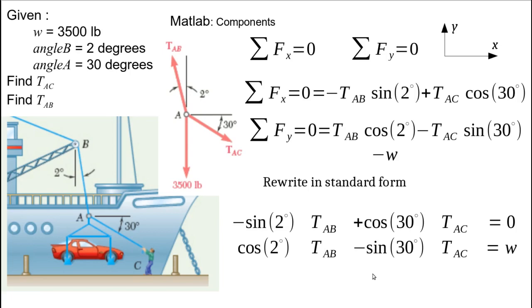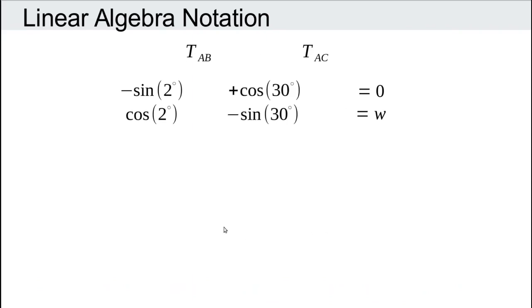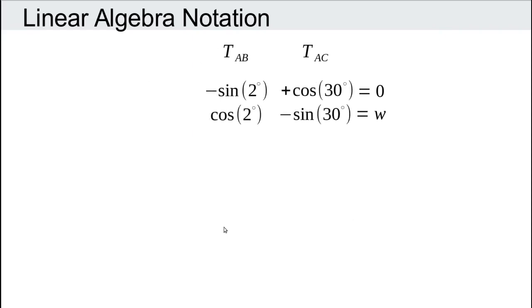And to see this in linear algebra, there's some notation. So here's the same 2 equations, and I'm going to rearrange these a little bit. First thing, I'm going to take the variables and move them to the top of the row. Then we'll shift things together a little bit. Now I can group things.